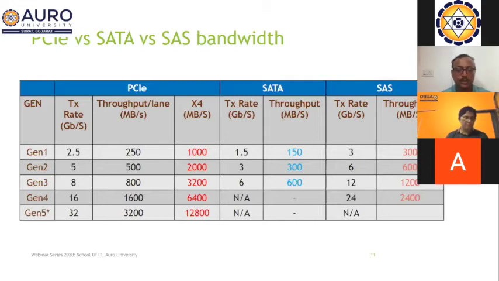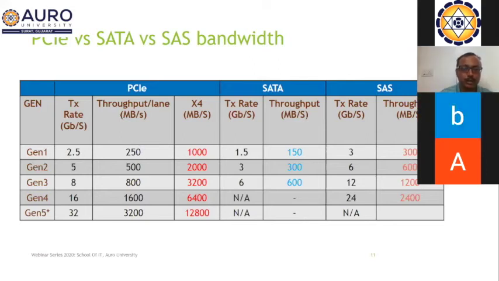Until last year, PCI was at Gen 3. At the end of last year they came up with Gen 4, which basically doubles the bandwidth.